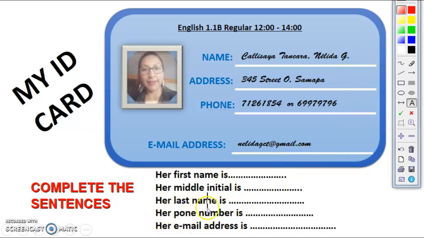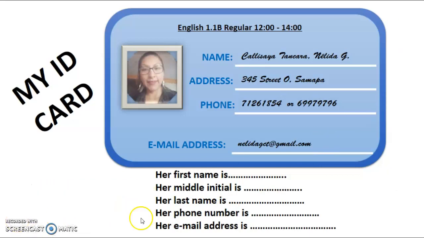Her last name is. Her phone number is. Her email address is. So you complete please the sentences with this information.